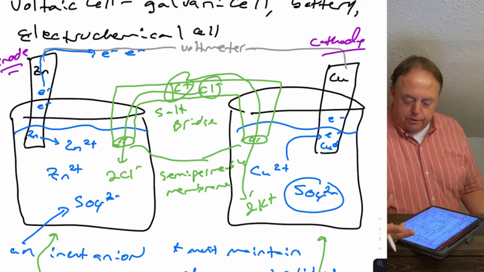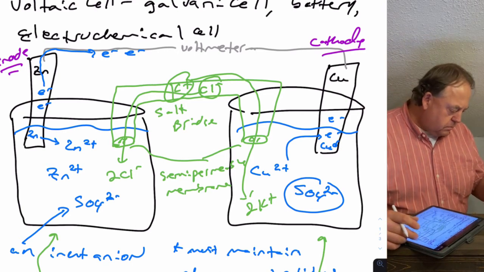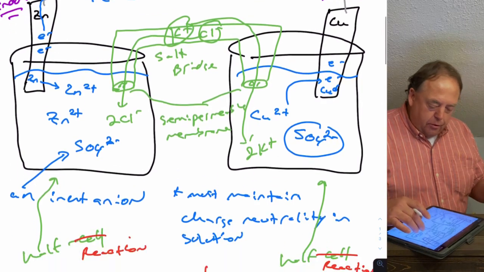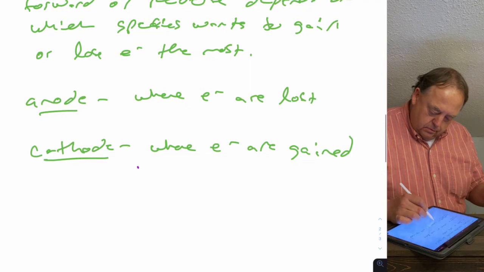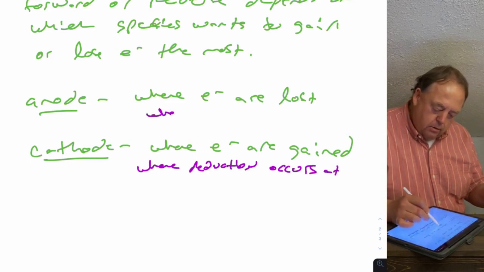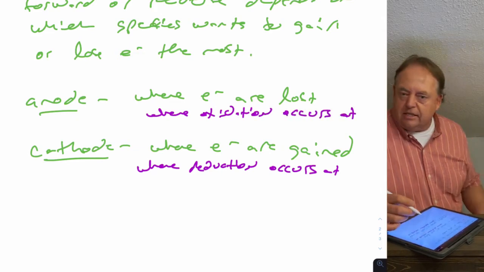So the copper 2+ is gaining the electrons to become copper 0. So the cathode is where reduction occurs, and the anode is where oxidation occurs.